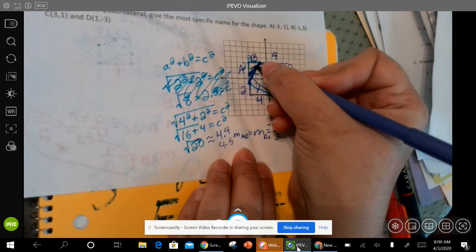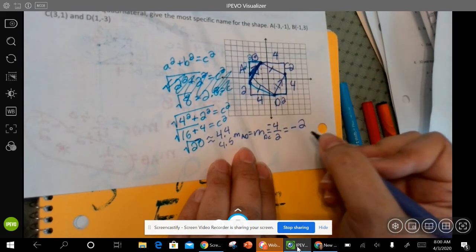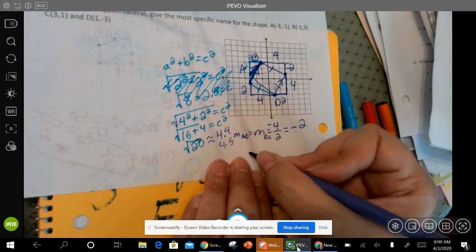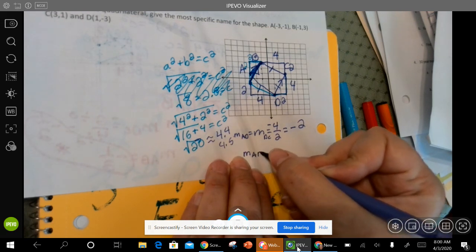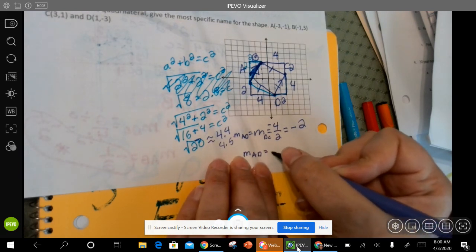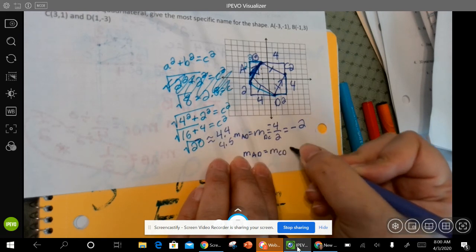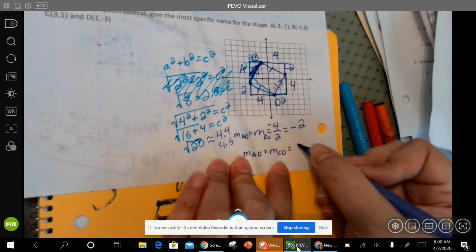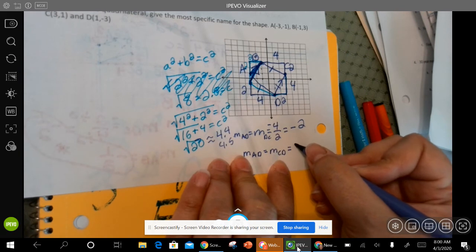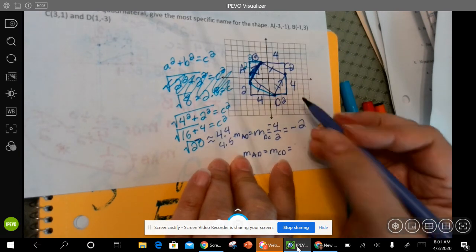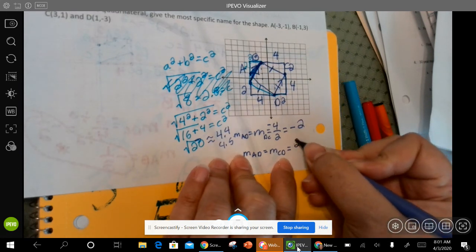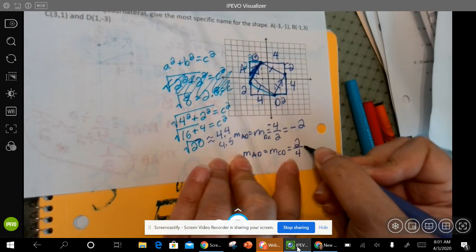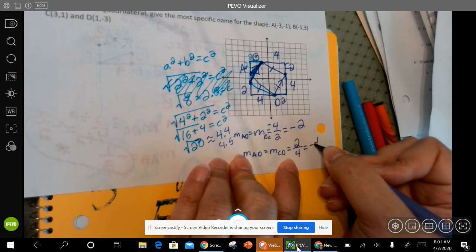So that means that these are parallel. And then we look at the slopes over here, for AD and for CB. So rise, up 2 over 4, which simplifies to 1/2.